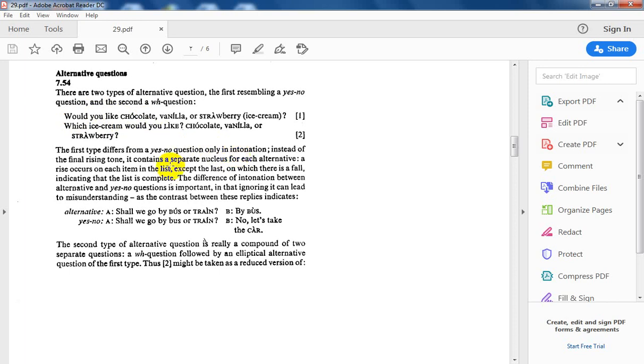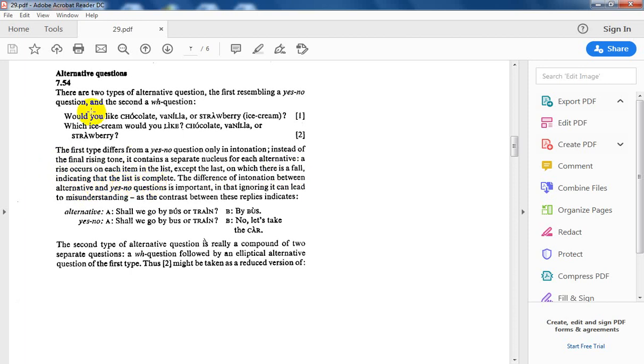But this type of alternative contains a separate nucleus for each alternative: a rise occurs on each item in the list, except the last, on which there is a fall indicating that the list is complete.